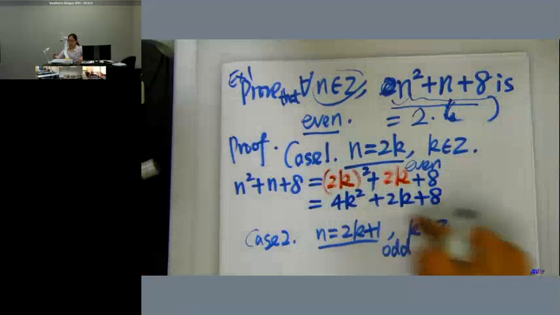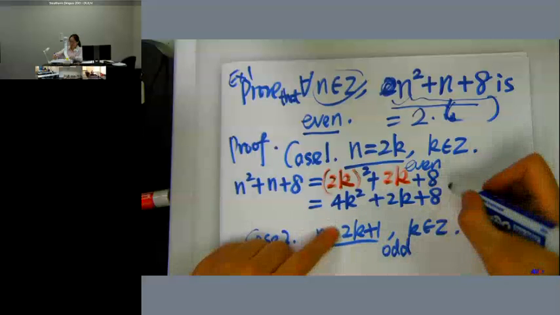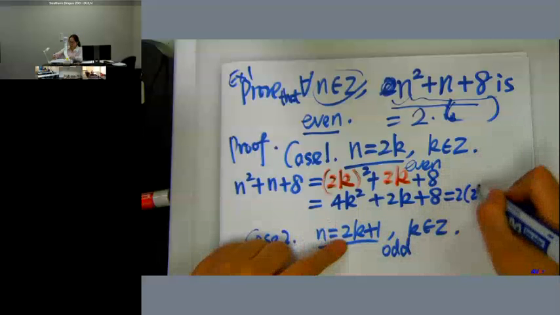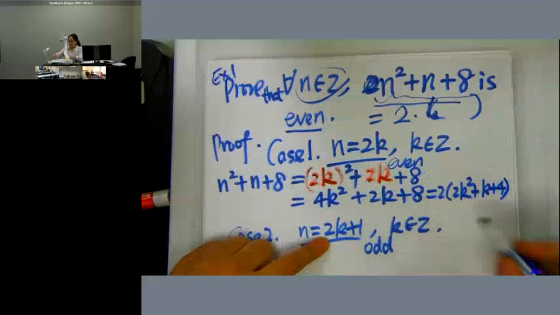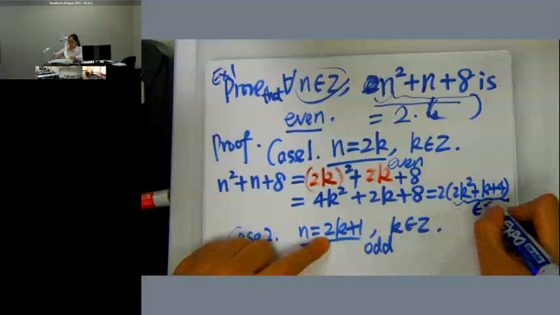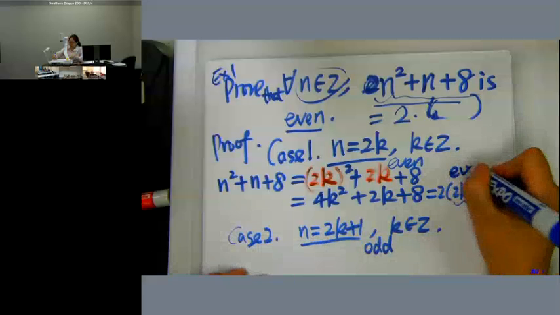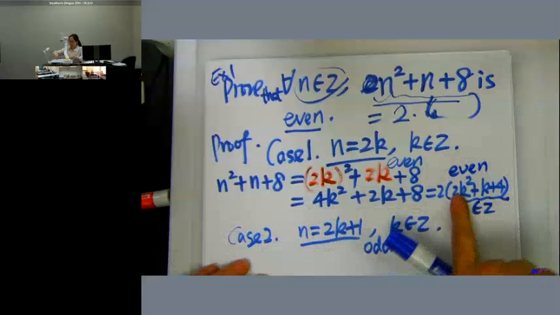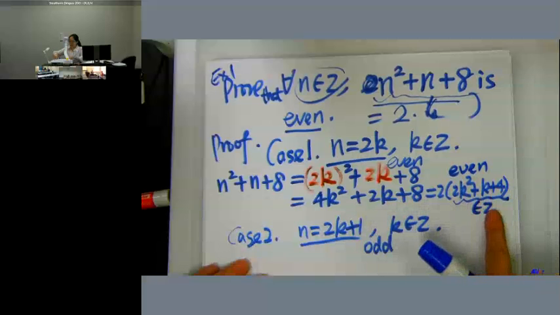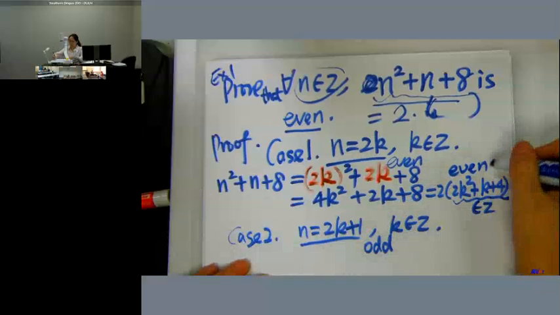Now look at this new expression we got. Can we factor out the 2? Yes, which is 2 times (2k squared plus k plus 4). And we know that's an integer, right? So we can mark this as even. I'm kind of out of space, so if you want to add a sentence there, say, since 2k squared plus k plus 4 is an integer, 2 times this is going to be an even number.